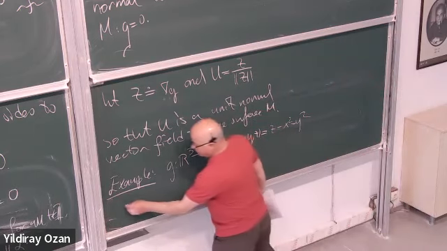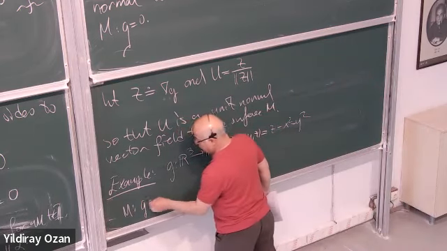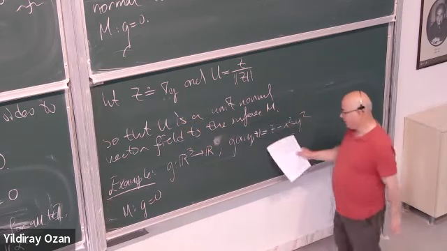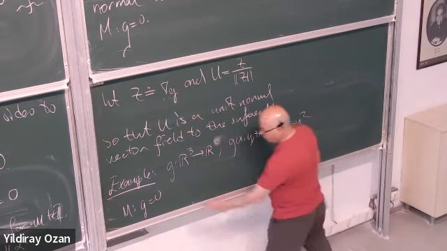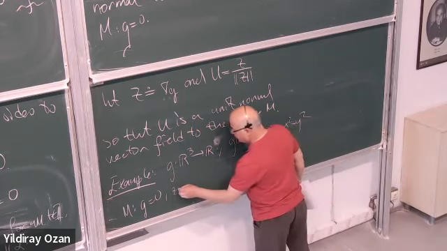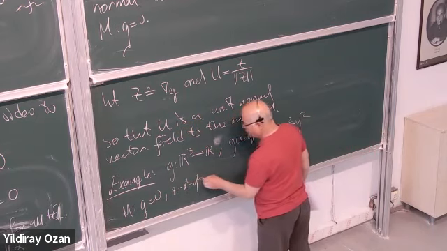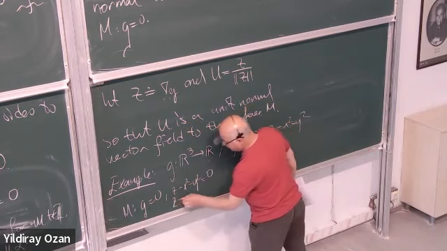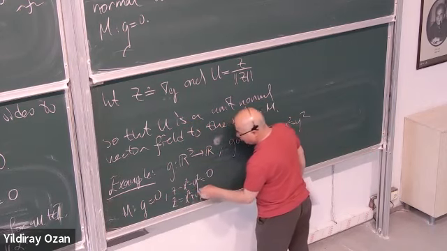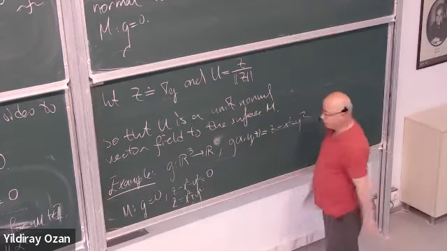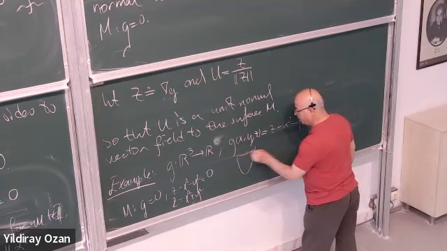So the surface M is just given by this equation. What is that surface? It is z minus x squared minus y squared equals 0, or z equals x squared plus y squared. So it's a paraboloid like this.